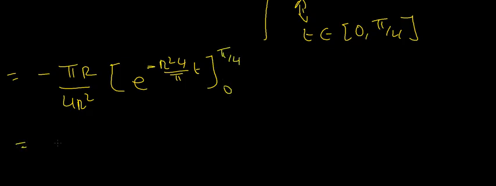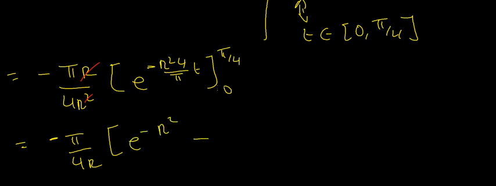And what does that give me? Well, one of the r's cancels, so I can get rid of one r, and that's going to give me minus pi over 4r out front. And inside these square brackets, I need to plug in t equals pi over 4. Notice I've got 4 over pi here, so when I multiply that by pi over 4, the 4's and the pi's cancel, and I'm just left with e to the minus r squared, minus the lower limit, which is e to the power of some stuff times 0, which is just 1.